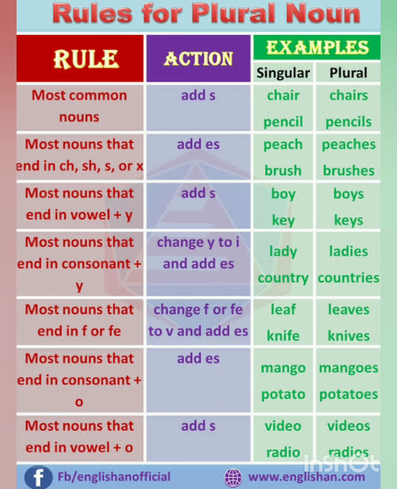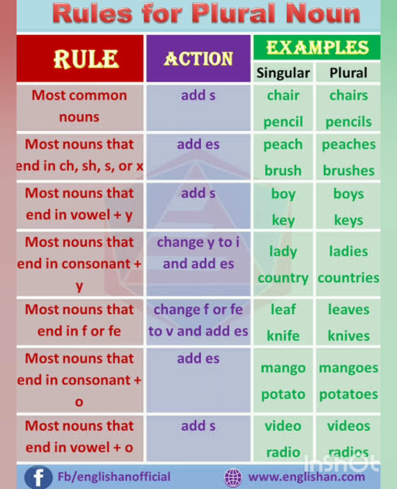If the noun ends in f or fe, then we change f or fe into v and then we add es. For example, leaf and knife. We are changing f and fe into v and adding es: leaves and knives.